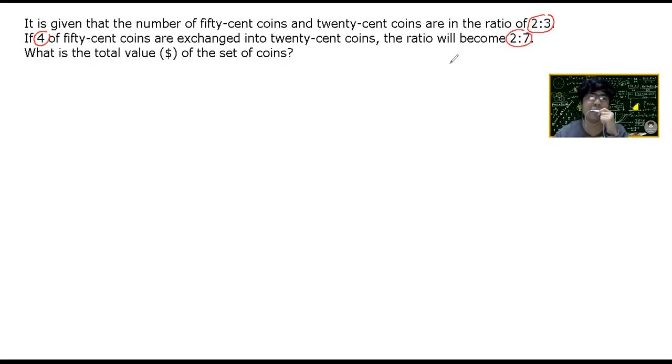We also need to represent the 50-cent coins and 20-cent coins. We need to underline the question. U stands for underline. B stands for box. So there's an exchange. Meaning when you say exchange, you need to change the immediate value.